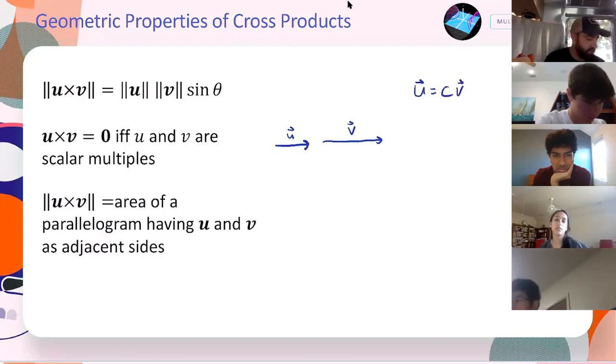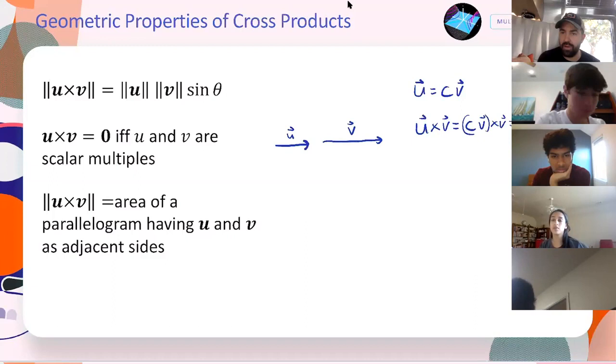If U is a multiple of V, and I'm trying to do U crossed with V, that's the same as CV crossed with V, which is the same as C times V cross V, which is going to be C times 0. That's a property from the other page, if I multiply by itself. So even if I multiply by a multiple of itself, you're going to get 0.